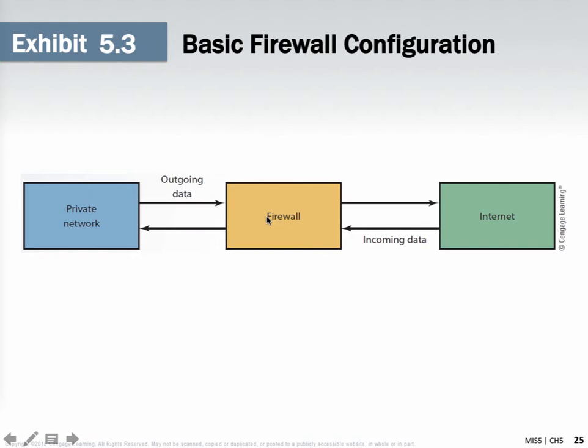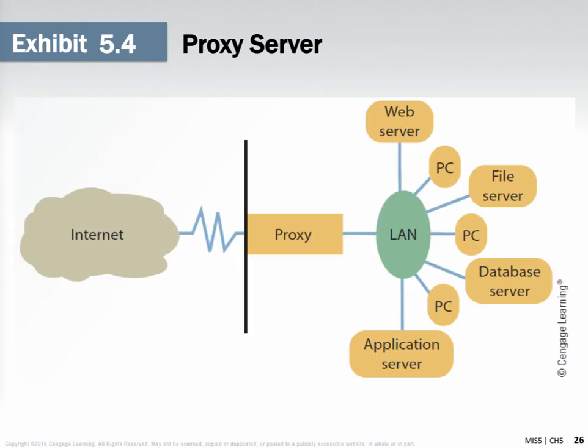To go a little bit further, instead of just having a firewall, we can use something called a proxy server. Now, what a proxy server does is we have everything that's important to us connect to a different server, and then that different server connects us to the internet. So what this means is that where we are connecting to the internet from is completely hidden from the internet.